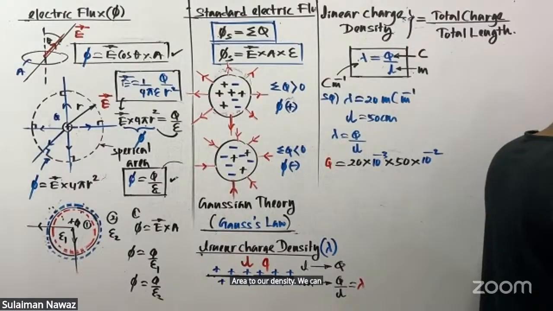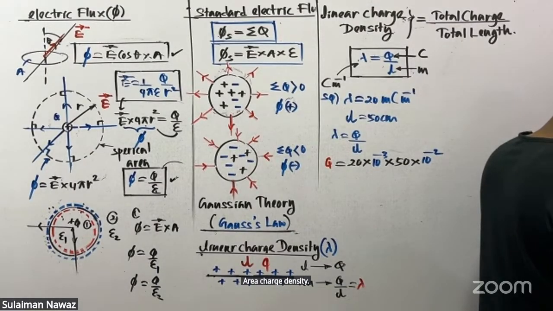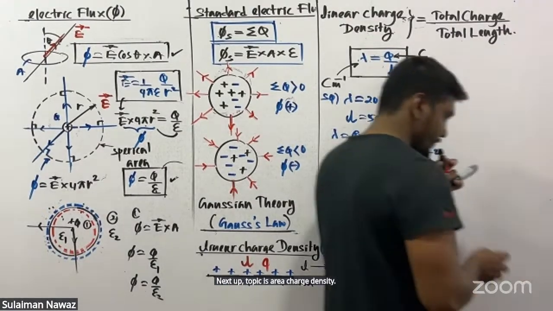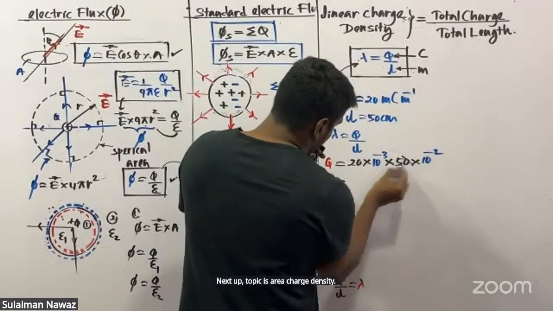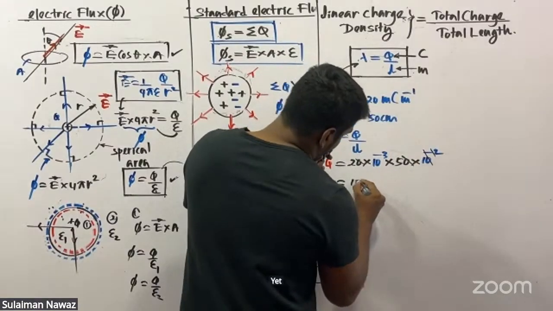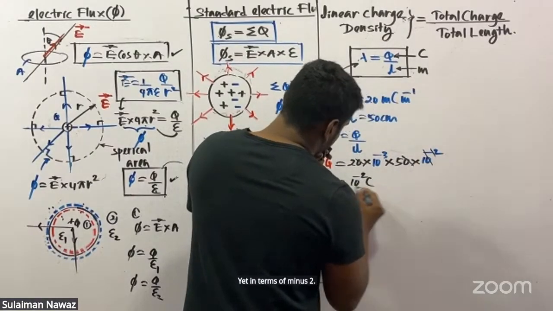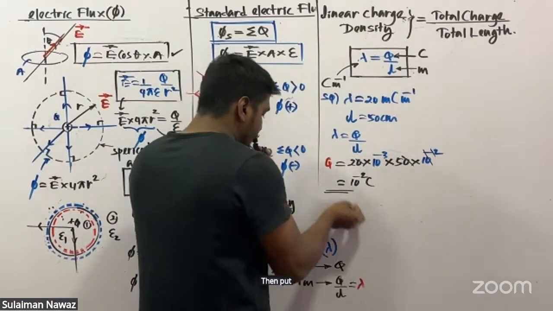Here the answer is going to be 10, and these two cancel out: 10 into 10 to the power minus 2 coulombs, right? If I'm correct. Then put the subtopic area charge density.